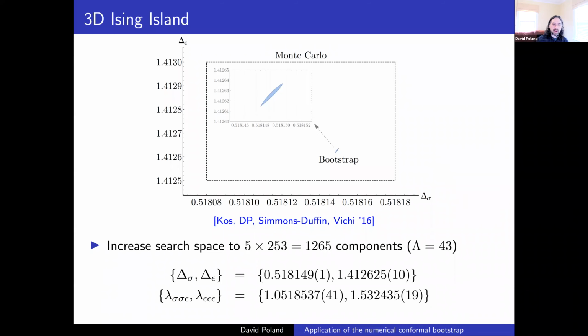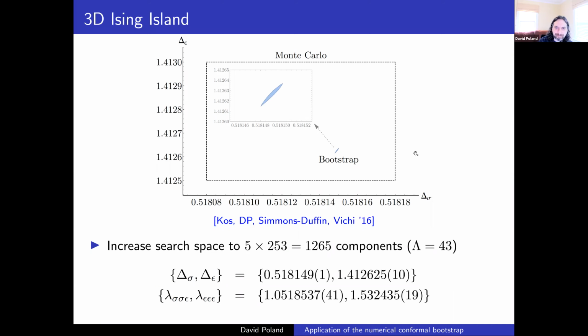And if you combine that with 5 crossing relations, that's a little over 1,000 or 1,200 components in the functional. Then we managed to compute this island, which is for the Ising model, which is better than Monte Carlo by 1 to 2 orders of magnitude.